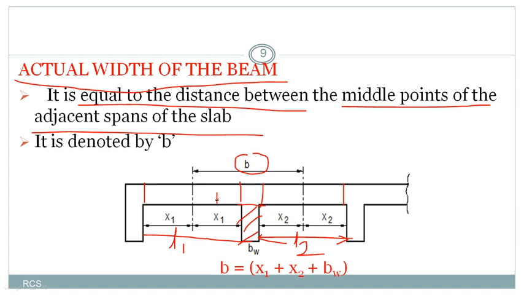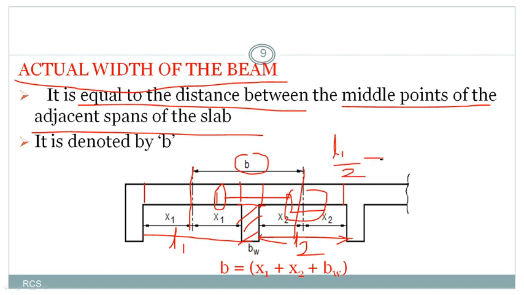So this is one adjacent slab, and this is the second adjacent slab of a beam. So it's the center point here. This is the middle point of the left hand span, and this is the middle point of the right hand span. Here the span length is L1, the middle point of the span is L1 by 2.